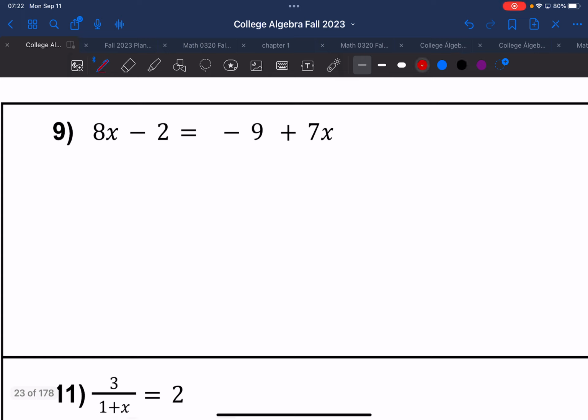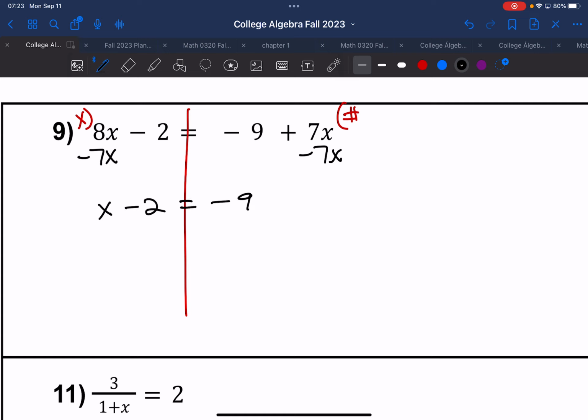So again, I'm going to put my x's to the left, numbers to the right. Draw my line through my equal sign to show that these are my two separate sides. So if I'm moving my x to the left, what am I going to do first? Subtract 7x. So I get x minus 2 equals negative 9, because I just brought everything else down.